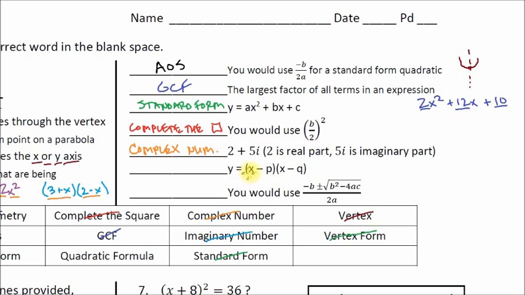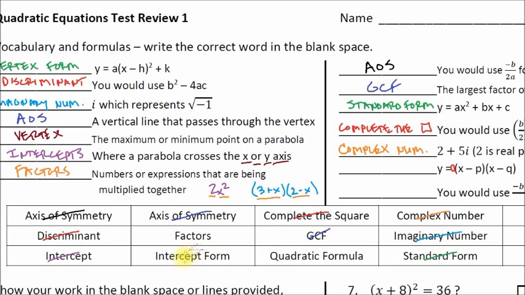Okay, y equals x minus p times x minus q. Actually, there's a typo there, class. You should put an a in here. Y equals a times x minus p times x minus q. And that is an intercept form quadratic. I just realized I forgot to cross off factors.